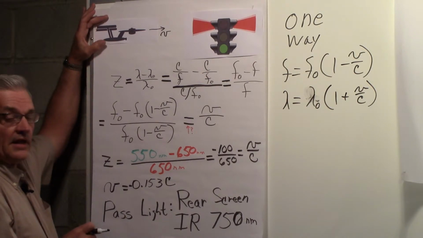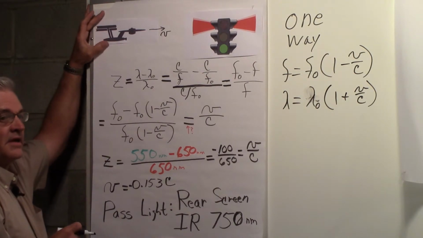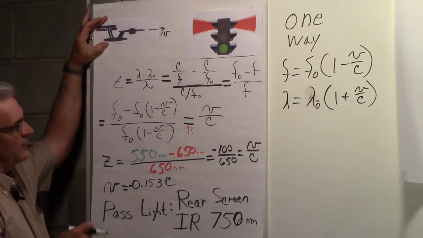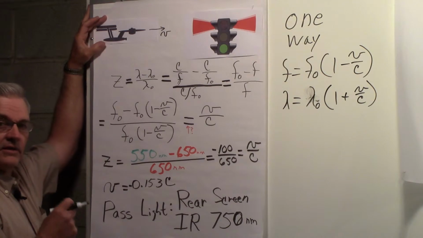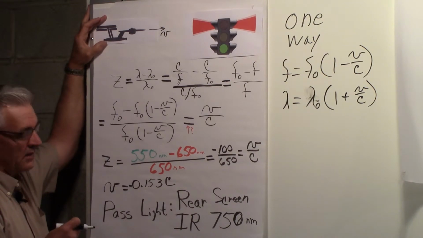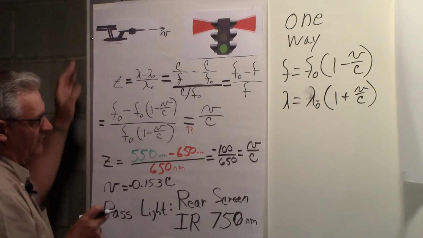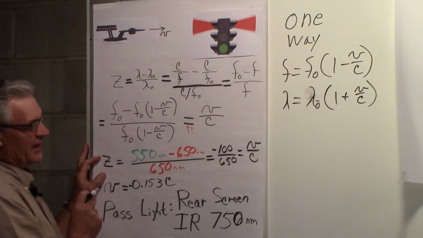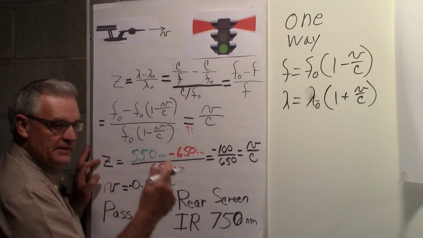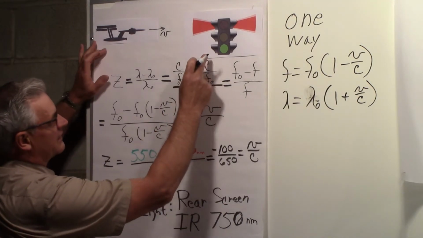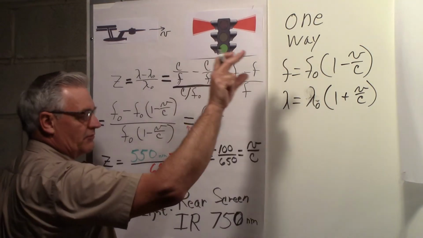Of course, we assume the Enterprise is equipped with a rear viewer, a rear screen. So if after we pass the red light, we look in the rear viewing screen, what would we see? Well, the velocity hasn't changed, so the z value will be the same, but now the sign changes because before we were approaching, and after we pass, we're receding.